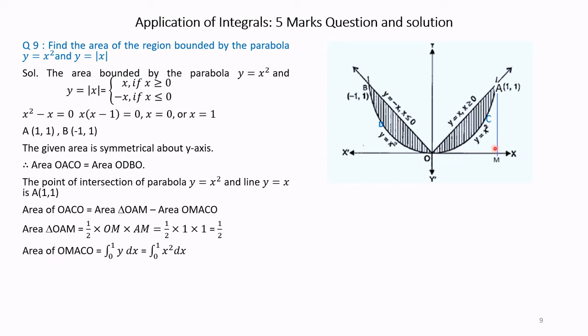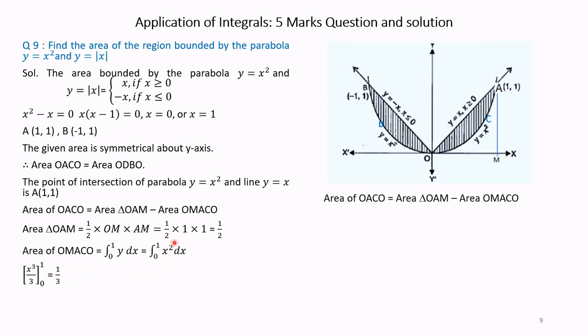This is the curve. Therefore, substituting the value of y, y is equal to x square, the equation of the parabola. That becomes, integrating, x cube by 3, and the limit is 0 to 1. If you put the upper limit, it is 1 by 3. The lower limit is 0, it gets cancelled. Therefore, it is 1 by 3.